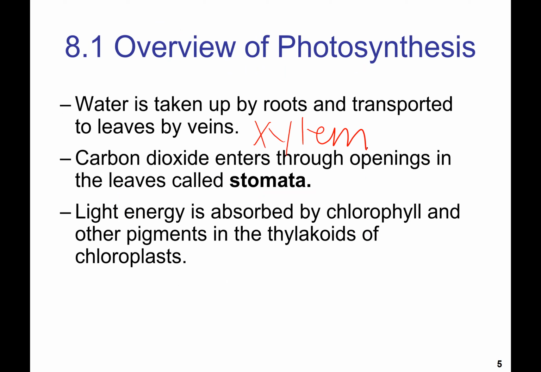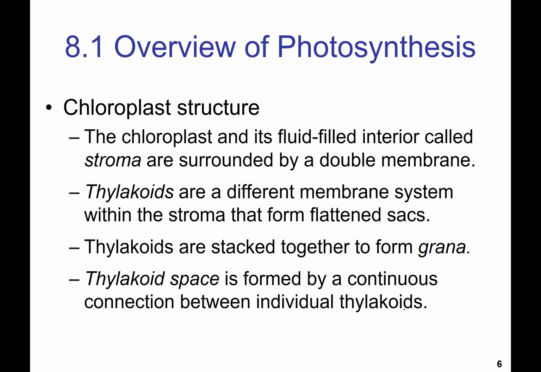Carbon dioxide enters through these tiny little openings called stomata. So stomata, it's basically a circle that opens and closes and lets carbon dioxide in. And like we said earlier, light energy is absorbed by chlorophyll, which is a pigment, and the thylakoid, which is part of the chloroplast.